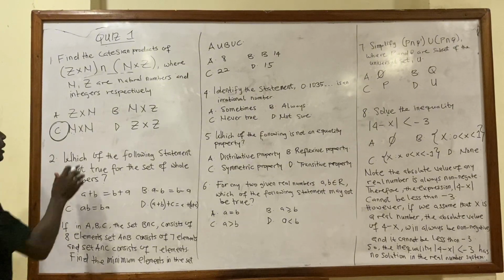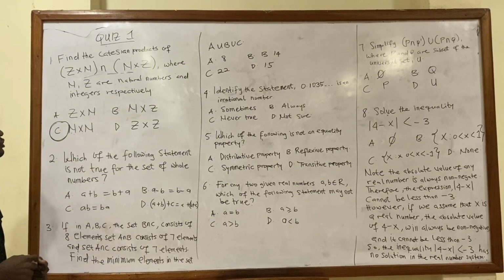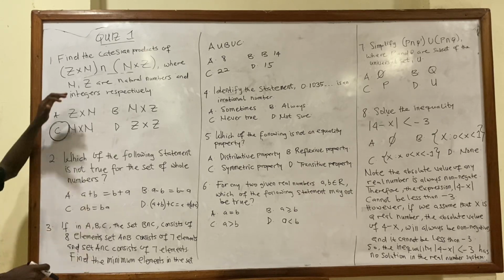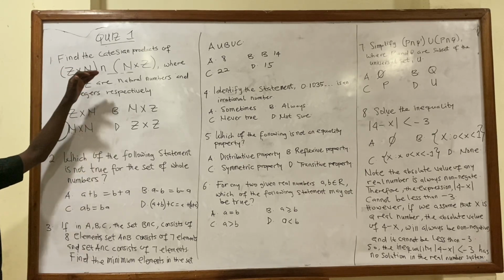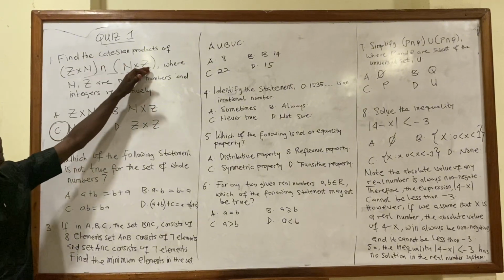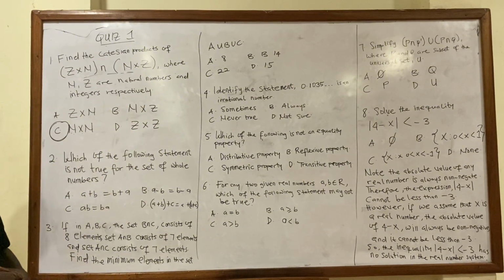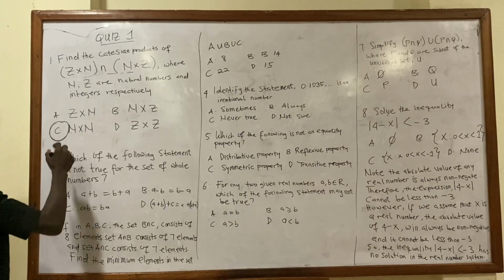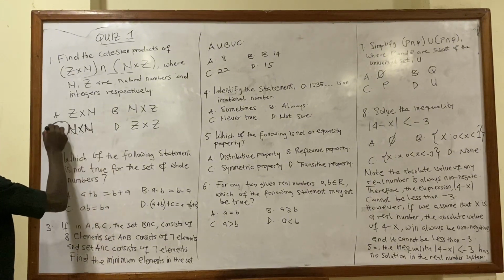So that will be your solution for this question, where they said you should find the Cartesian product of Z times N intersection N times Z, where N and Z are natural numbers and integers respectively. So our answer is N times N.